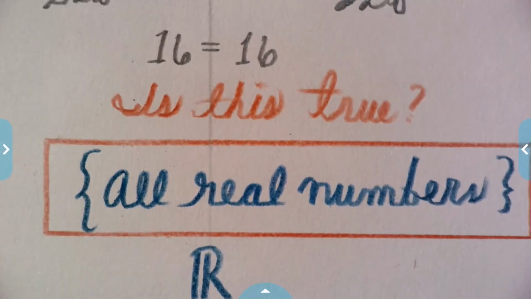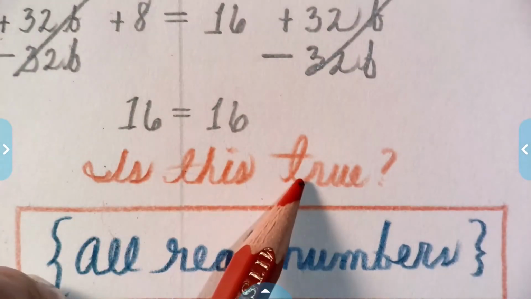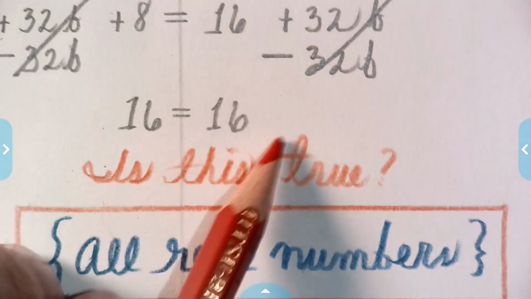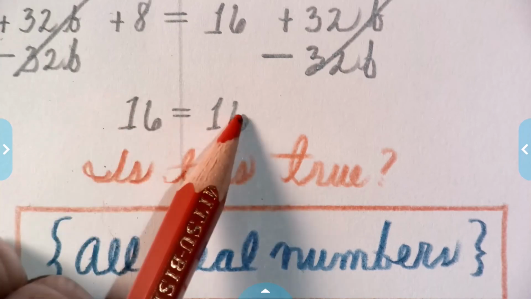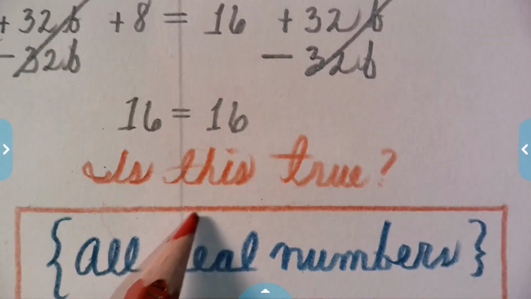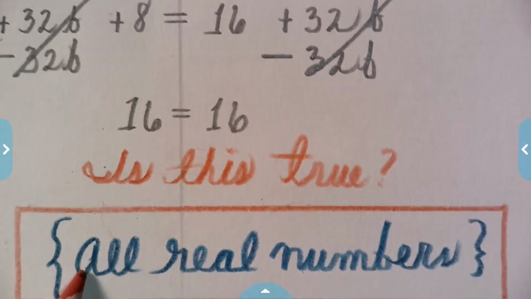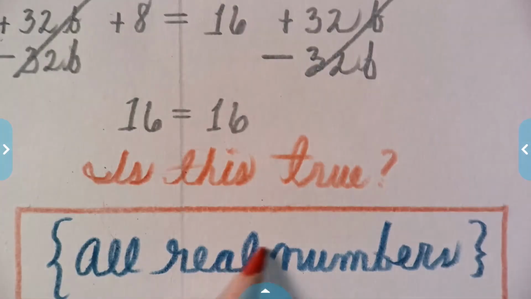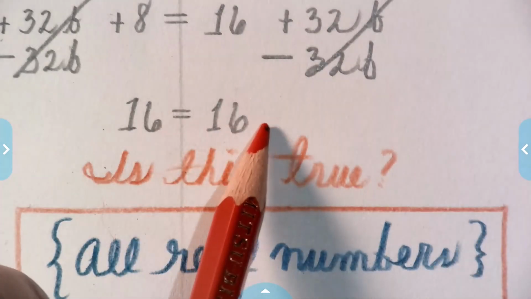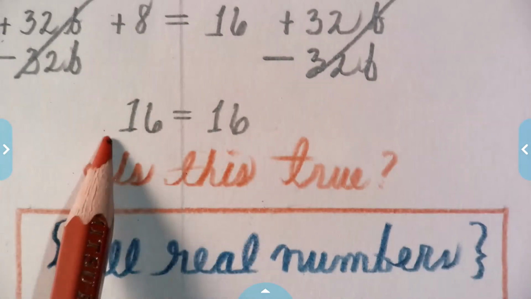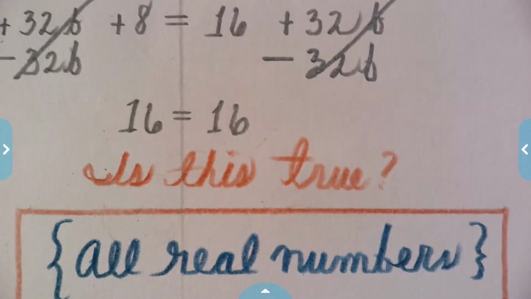All real numbers. Now, when you ask the question, is this true? If the answer is no, if this is like 16 equals 100, then the answer would be no solution. But if it is true, it's all real numbers. So same number equals same number, all real numbers. Number equals different number, no solution.